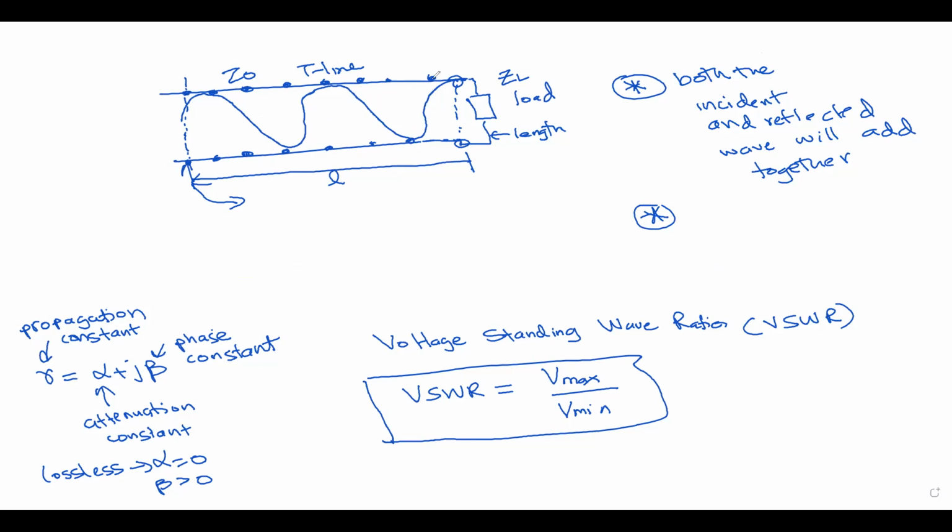The amplitude and the phase of that wave remain constant with time. So a wave whose amplitude and phase remain constant over time, we call a standing wave.